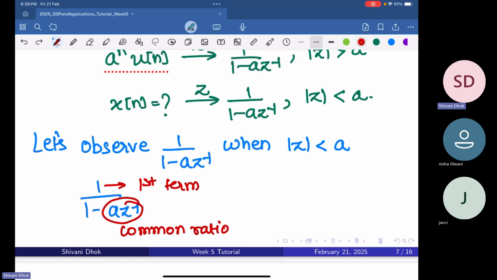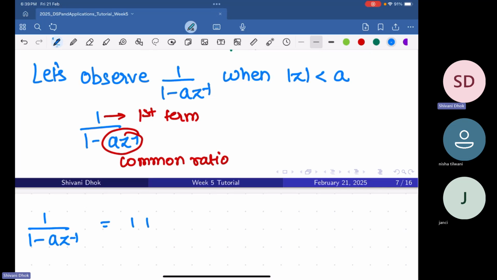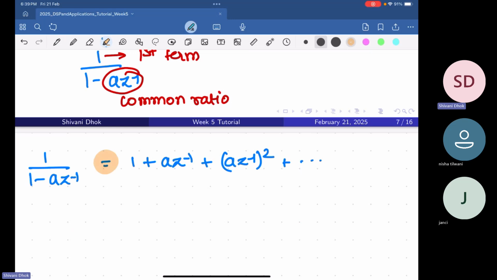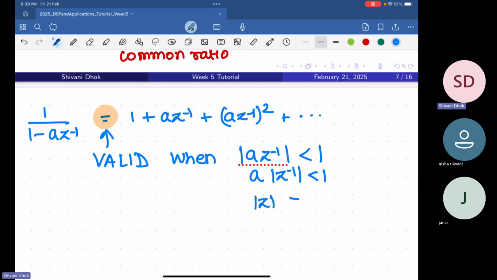Okay, so in that situation we can write this 1 upon 1 minus A Z inverse as 1 plus A Z inverse plus A Z inverse square and so on. But this equality is valid when magnitude of A Z inverse is less than 1, or A into magnitude of Z inverse is less than 1, or magnitude of Z is greater than A.